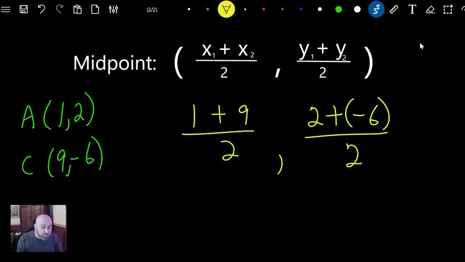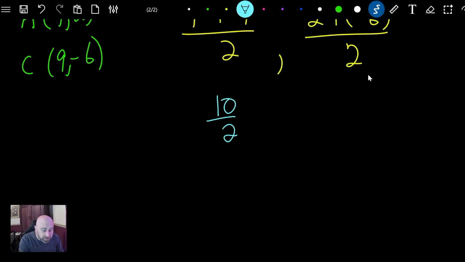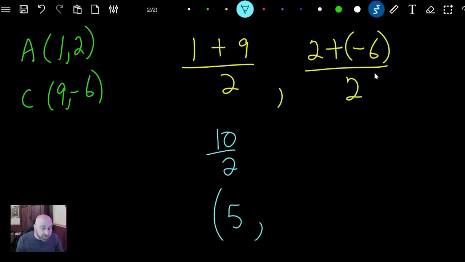Okay. Now we would just solve these out. So 1 plus 9 is 10 divided by 2, and so that's going to give us 5. So our x point is going to be 5. The middle of this line will be 5.